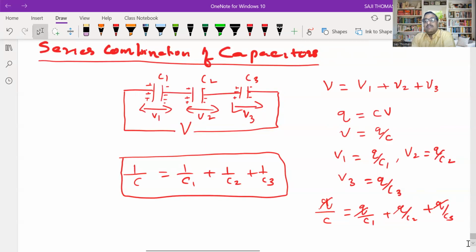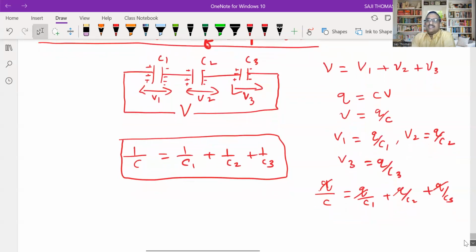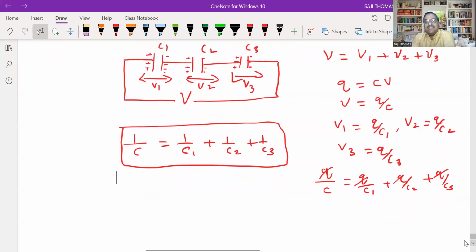Potential is divided among all the capacitors. Effective capacitance is 1 by C equals 1 by C1 plus 1 by C2 plus 1 by C3. The effective capacitance will be smaller than the smallest of all the individual capacitors.